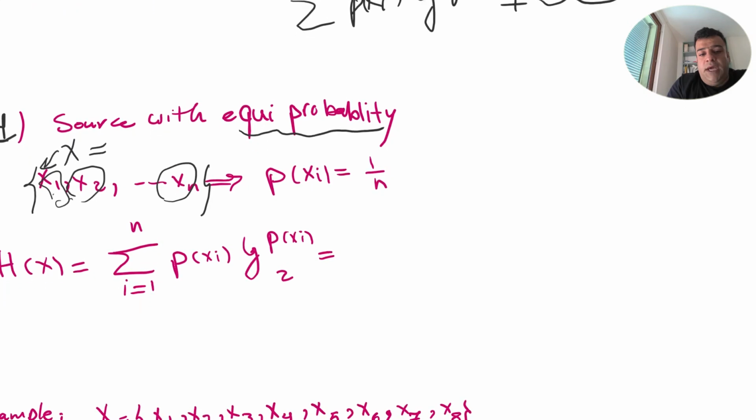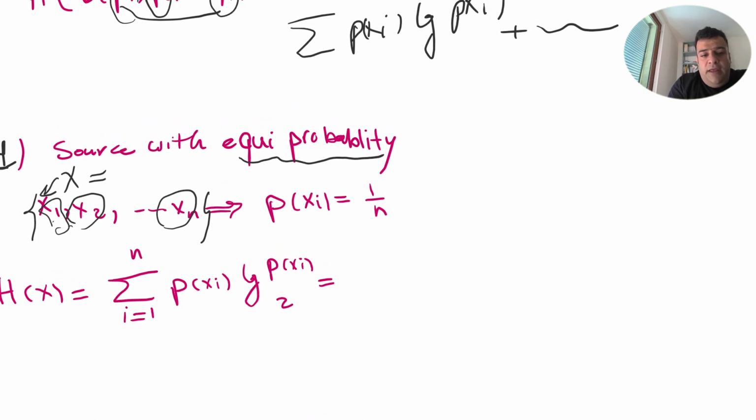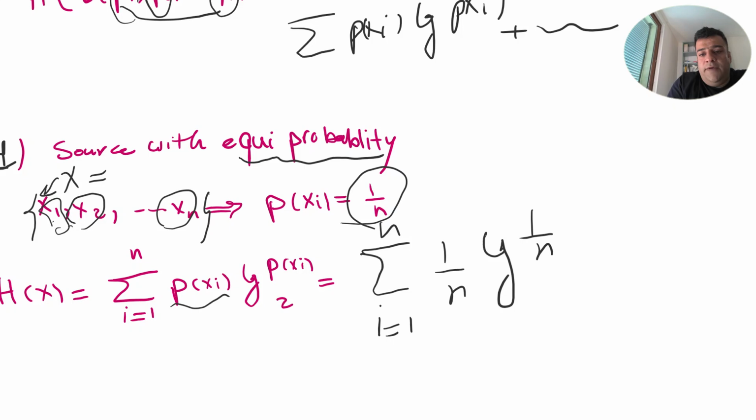Let's prove it, guys. The entropy is minus the sum of P(xi) log P(xi) in base 2. If I substitute 1/n for each element, I get 1/n log 1/n in base 2.